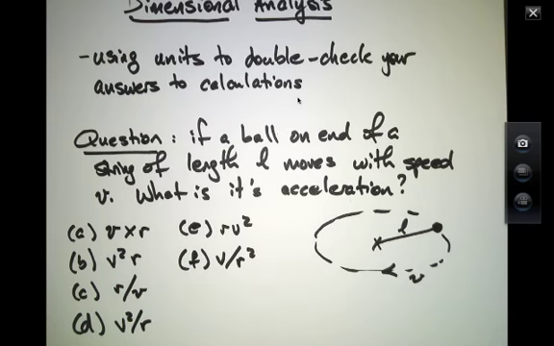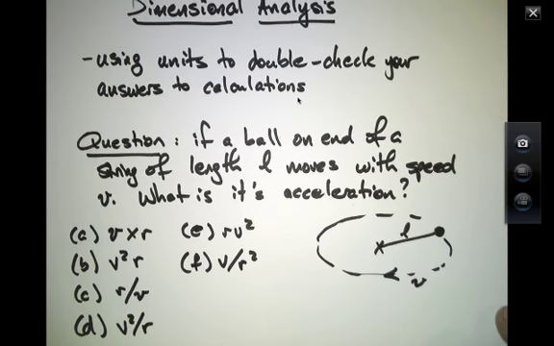If we inspect each of these separately for what is the units of the expression given, we're looking for something that has units of length divided by time squared, because that's what acceleration is.